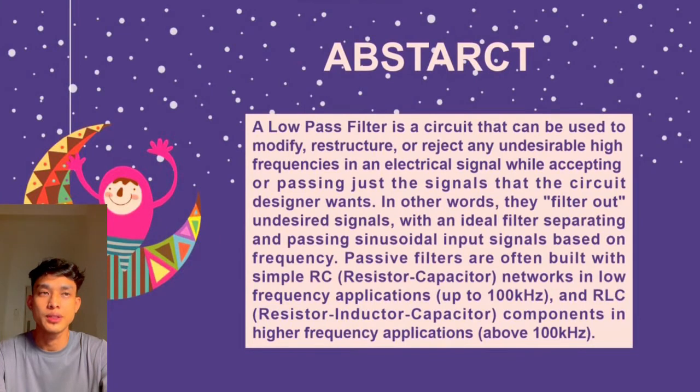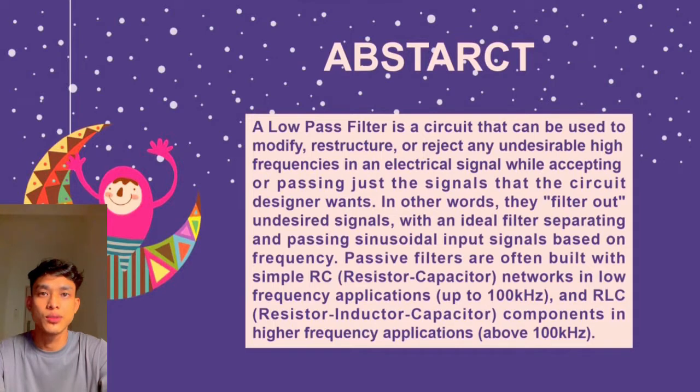For the abstract of our project, low pass filter. A low pass filter is a circuit that can be used to modify, restructure, or reject any undesirable high frequencies in an electrical signal while accepting or passing just the signals that the circuit designer wants.